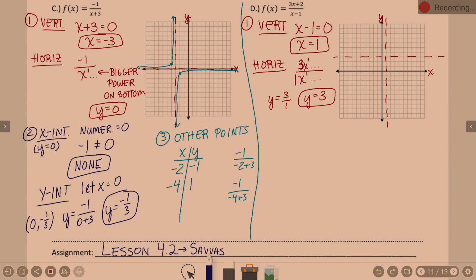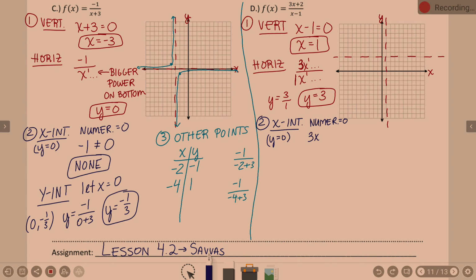Some intercepts and other points to find where exactly this graph goes. X-intercepts. Well, I'll always say they happen when y equals 0. In a fraction, y equals 0 when your numerator is 0.